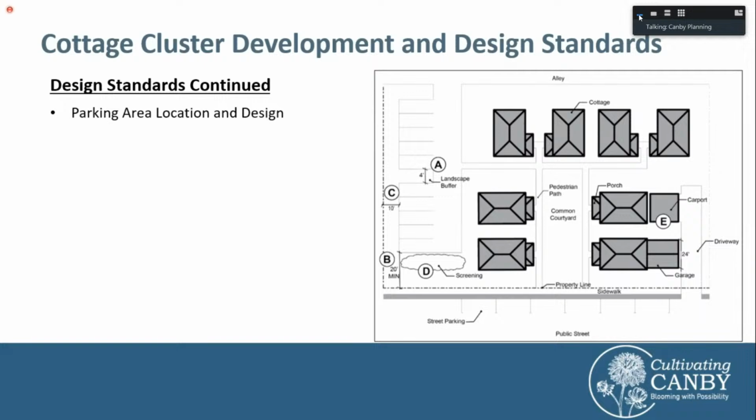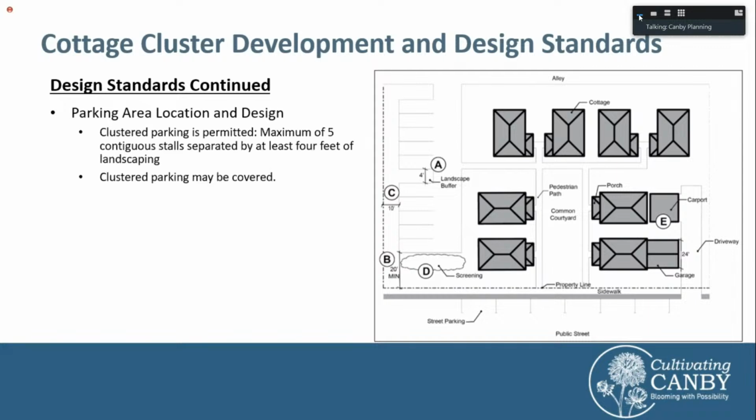You can see here that showing 5 stalls and then a nice landscape buffer and then 5 more stalls. We thought that made good sense. It's kind of similar to what you would see in commercial development, requiring those landscape strips in between to just break up that parking a little bit. So we are proposing at this point, if they are clustered, that you have that max of 5 stalls before you get that break.